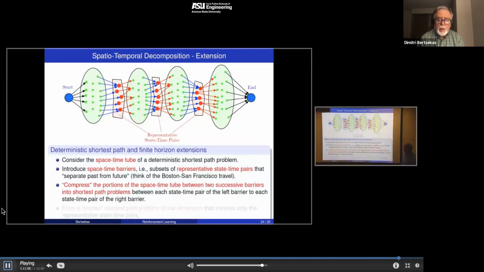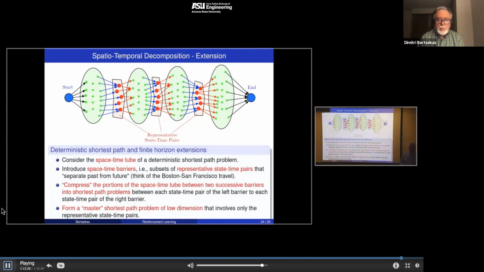This may be just a 5-day problem, or maybe even an hourly problem can be done in the case of travel. So we form a master shortest path problem of low dimension that involves only the represented state-time pairs, and a completely intractable problem has been made all of a sudden tractable at a cost of approximation. Okay?